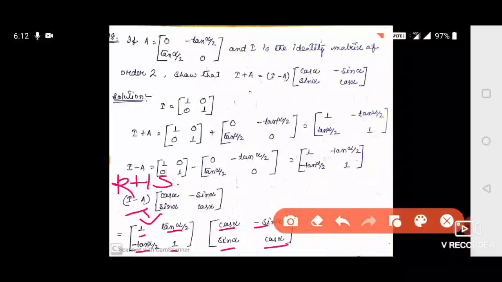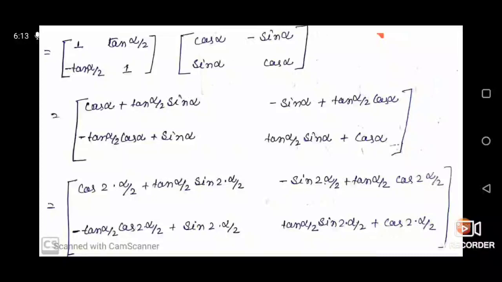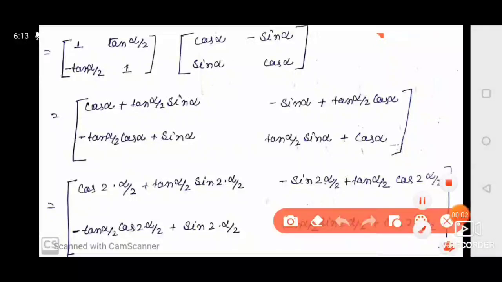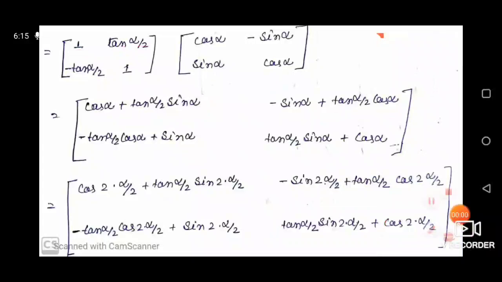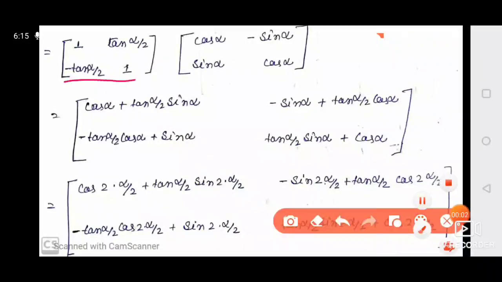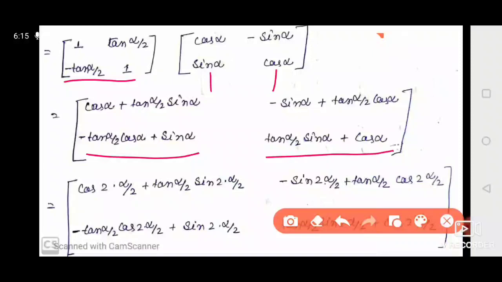Now we will multiply these two matrices. So here is the multiplication of two matrices. The first row is multiplied by the first column to fill this one. The first row is multiplied by the second column to fill this one. In this way, the second row is multiplied by the first column to fill this one and the second row is multiplied by the second column to fill this one.